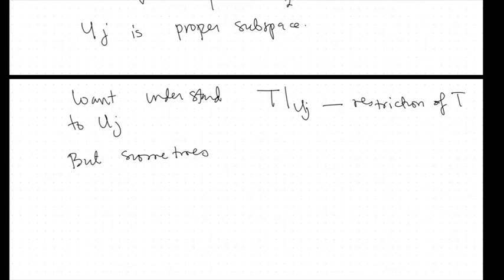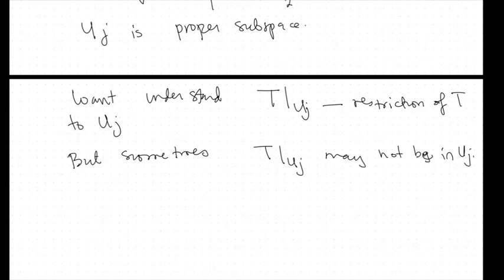However, if we intend to apply tools in the study of operators, sometimes if we get T here and then restrict it to Uj, the result may not be in Uj.